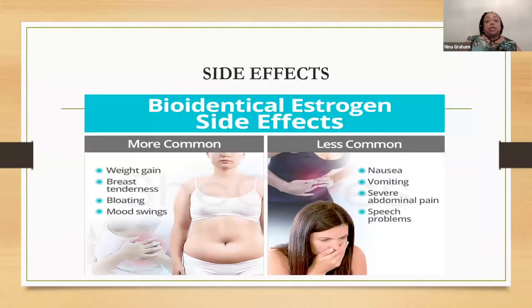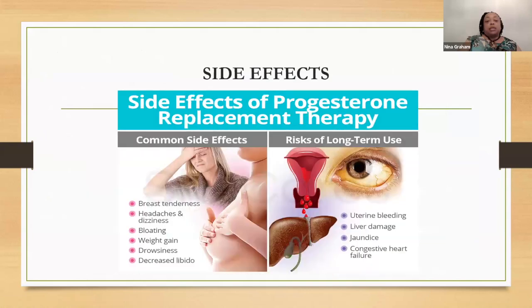Now, the main side effect with estrogen hormone replacement therapy is breast tenderness. You may have some nausea, bloating, but the main one my patients complain of is breast tenderness. And again, the same thing with progesterone, you may get some breast tenderness, headaches and dizziness.